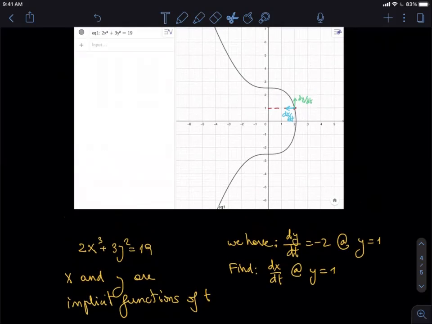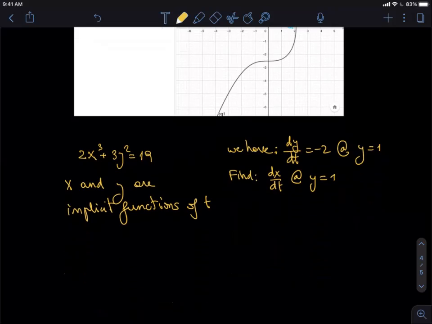As the object is tracing the curve, for every time it will have a pair of coordinates x and y. So both coordinates x, y are a function of t. But because we know that it's tracing this curve, the curve itself is defining implicitly the coordinates x and y as functions of time. So we can just differentiate implicitly.